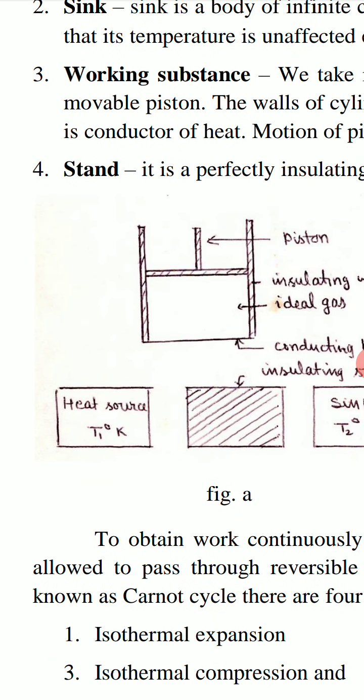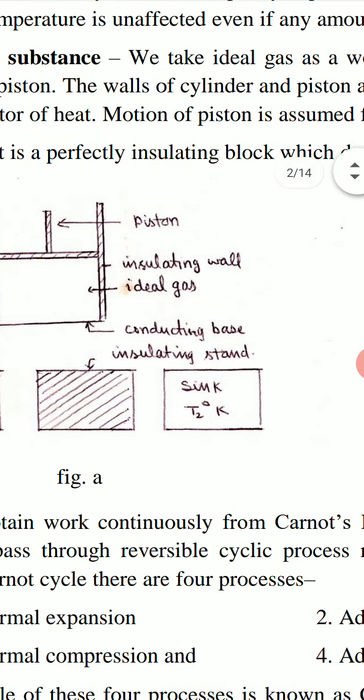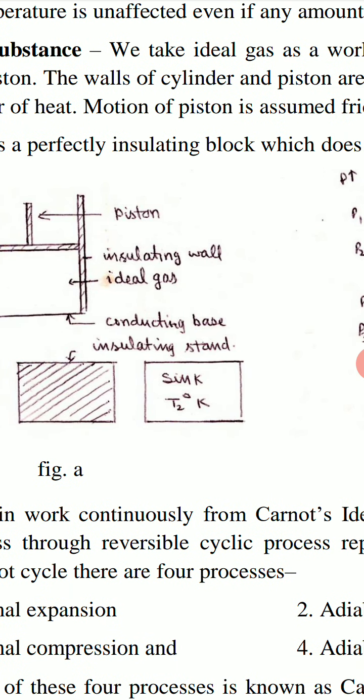Other part is heat source. There is a source of heat at high temperature T1 degree Kelvin. Its capacity is very large. If we extract some heat from it, then its temperature does not change. Other part is insulating stand, and last one is sink at low temperature T2 degree Kelvin.